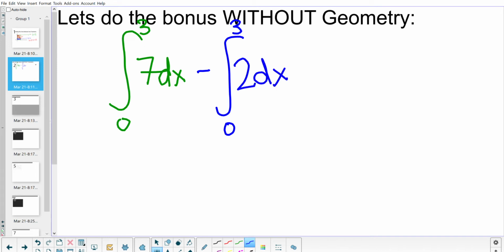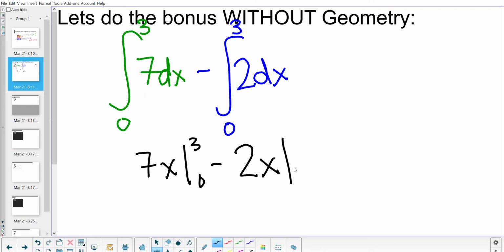Okay, so using calculus, the antiderivative of a constant, you just add an x. So this would be 7x from 0 to 3. And this would be 2x from 0 to 3. And then we use the fundamental theorem of calculus.